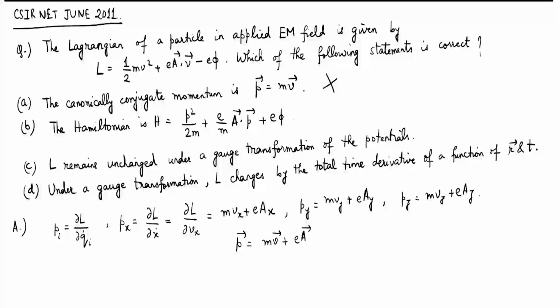What is the Hamiltonian? How do you calculate the Hamiltonian? Summation Pi Qi dot minus L. So if you do Pi Qi dot, that means Pi Vi minus L. Right? So will you get this? Check.